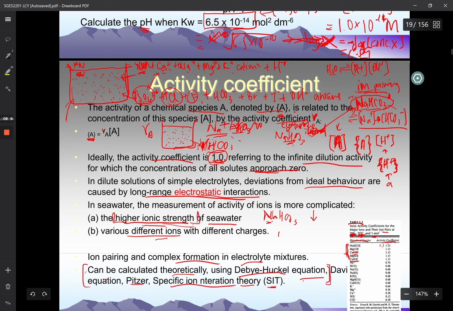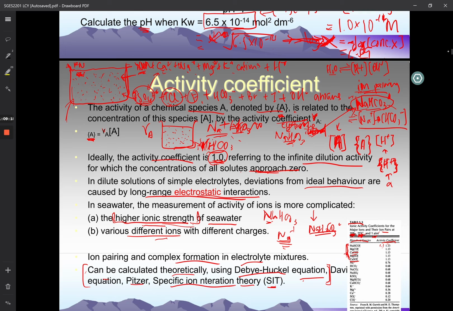It means we have less free sodium in the seawater, because some of the sodium may have formed this transient species here.